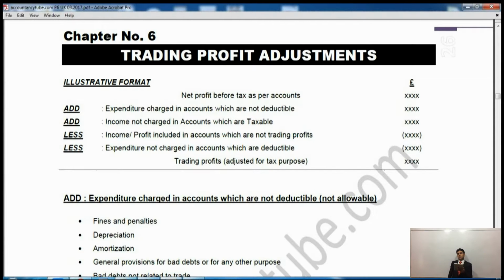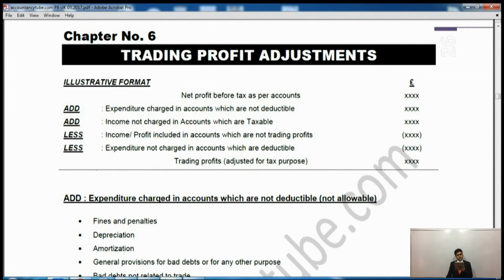We will add them back, because they should not have been deducted. The next thing we will add is income not charged in the accounts which is taxable. When he made the income statement, he forgot to put in some incomes, so we will put those incomes in here as well.